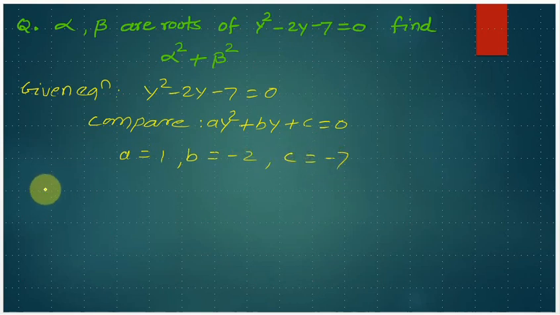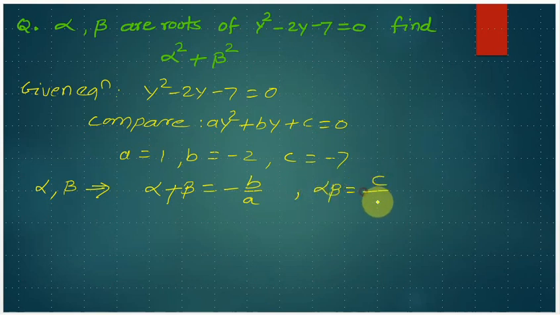Now note that if alpha and beta are the roots of the given equation, then alpha plus beta is equal to minus b by a, and alpha beta is equal to c by a.